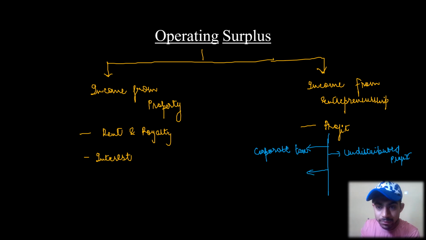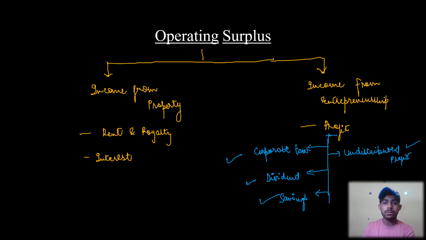Now, dividend, that part which is paid to the shareholders, or you can say savings. These are all the subheads of profit. This is operating surplus. Operating surplus includes two things: income from property, that includes rent and royalty as well as the interest, and income from entrepreneurship, profit.